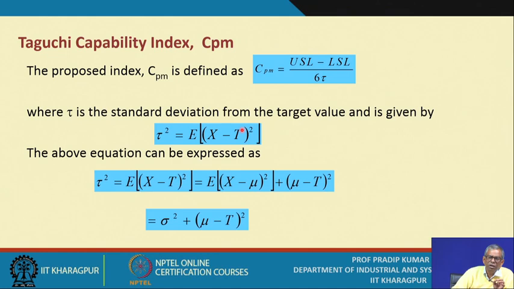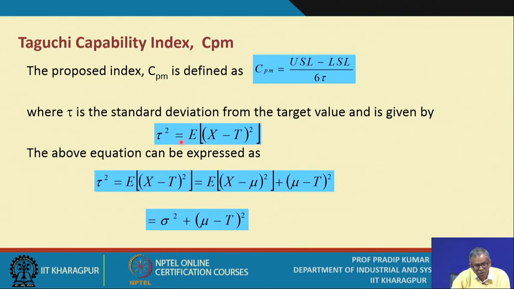Not necessarily the nominal dimension. In the majority of cases it will be the nominal dimension, but when you apply the concept of Taguchi, you say it is not the nominal value, it is the target value. So, the variance you need to calculate is with respect to the target, not with respect to the mean.